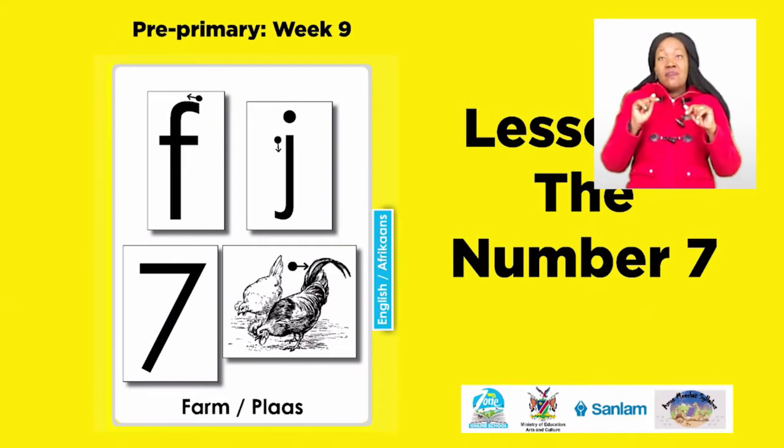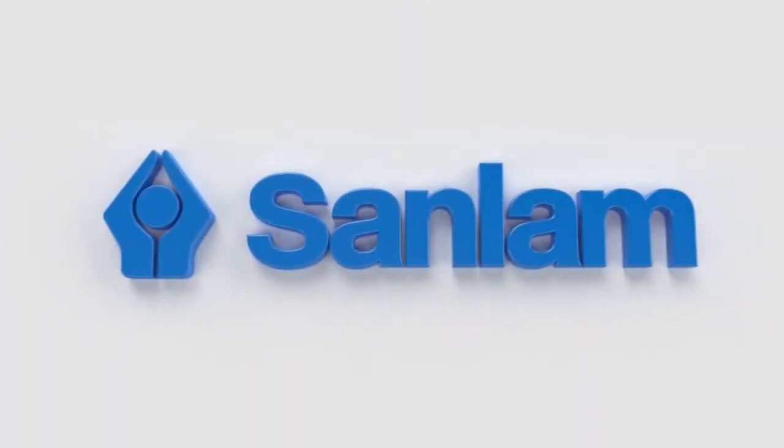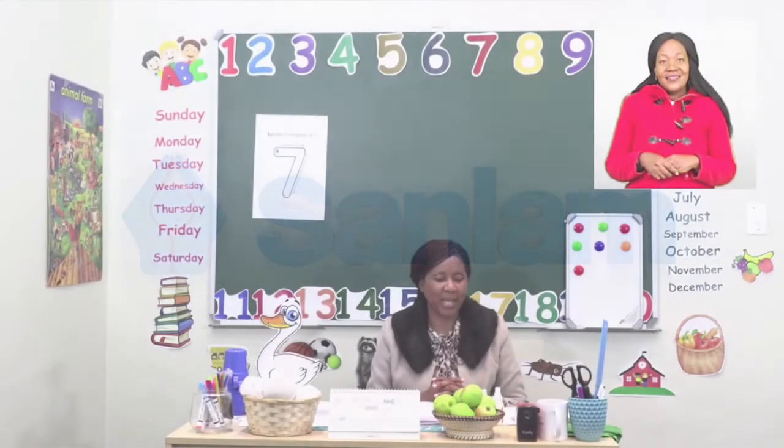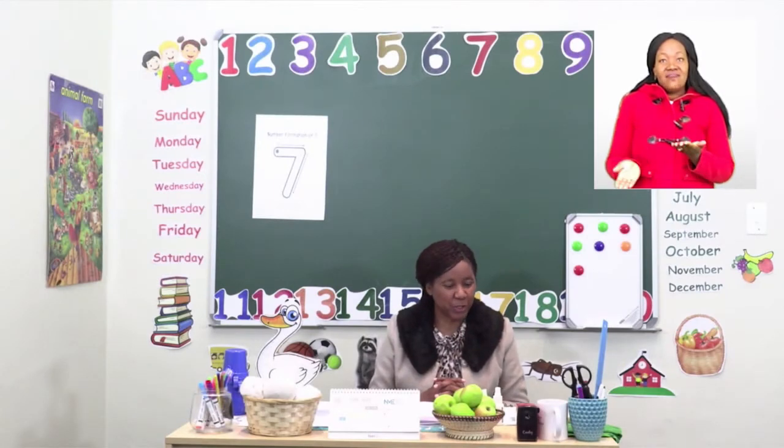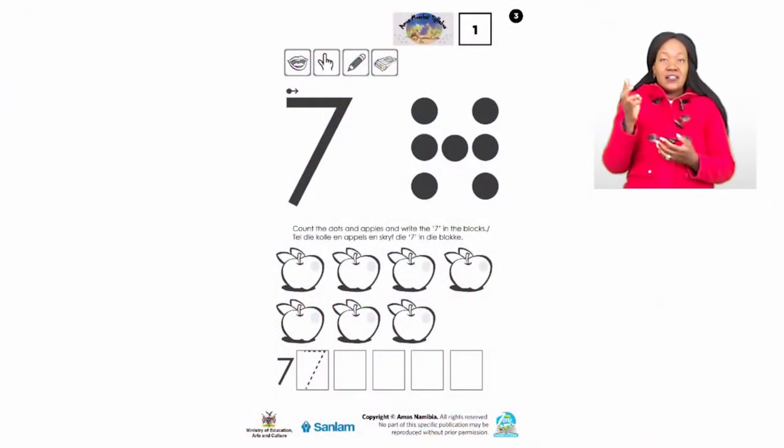Today's lesson is number 7. Now let's turn to page 3. What do we see on page 3? There is number 7. Do we know how many days we have in a week?